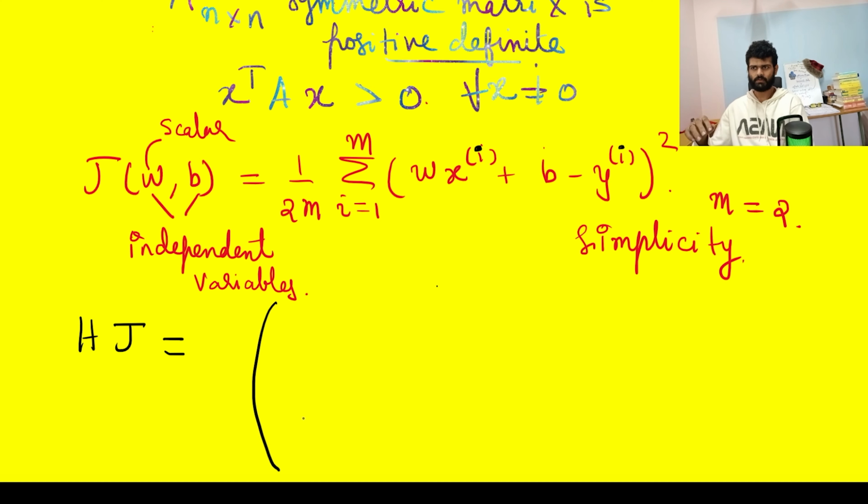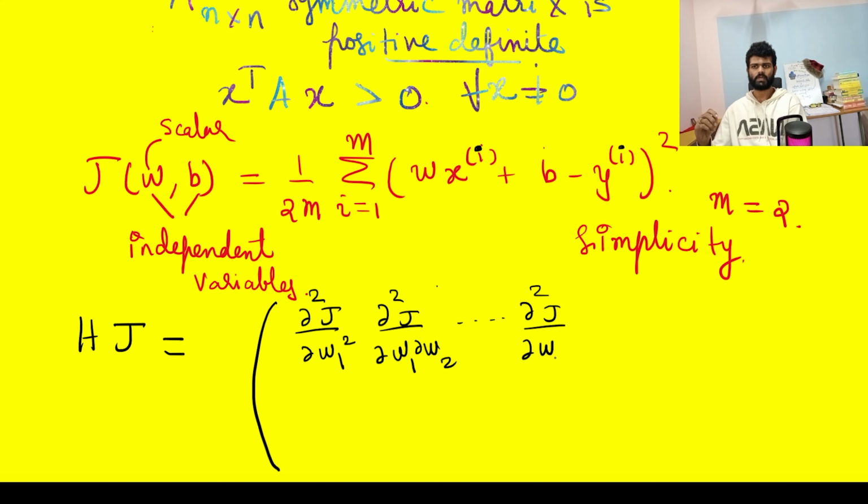A general Hessian matrix will be: ∂²J/∂w1², ∂²J/∂w1∂w2, etc., ∂²J/∂w1∂wn, and then ∂²J/∂w1∂b.